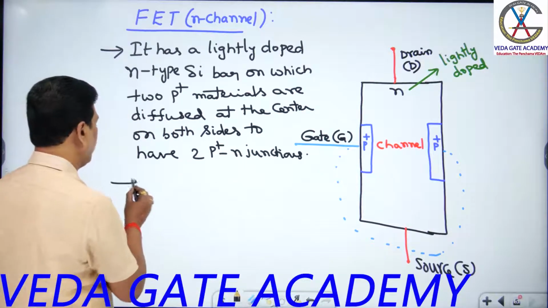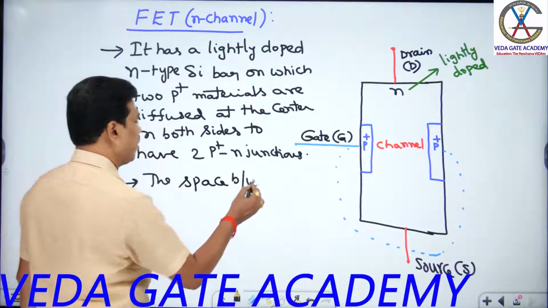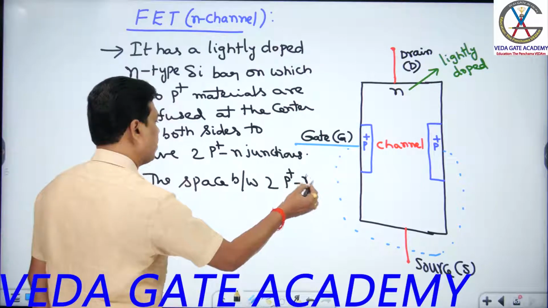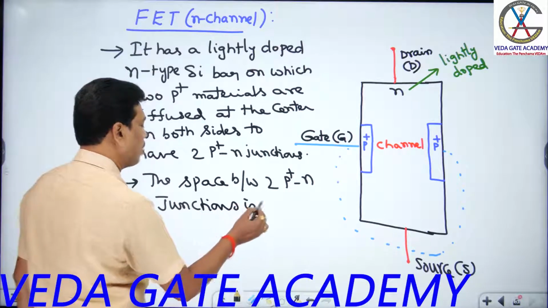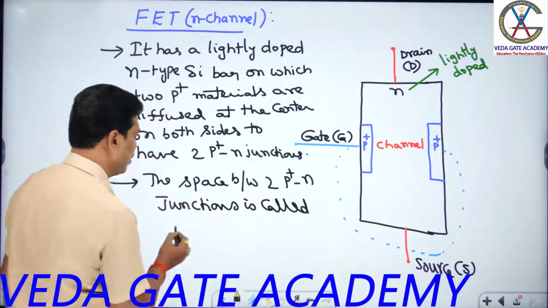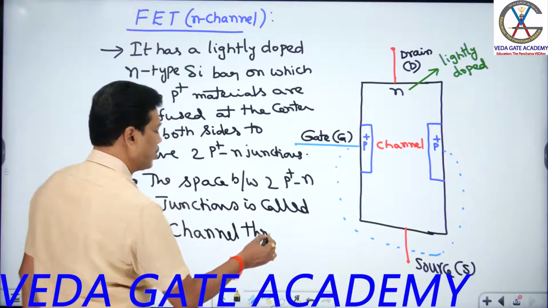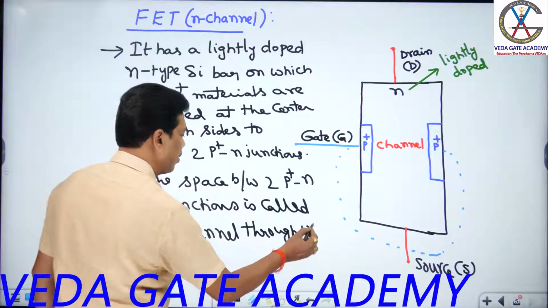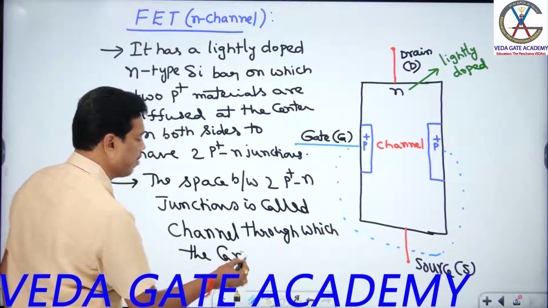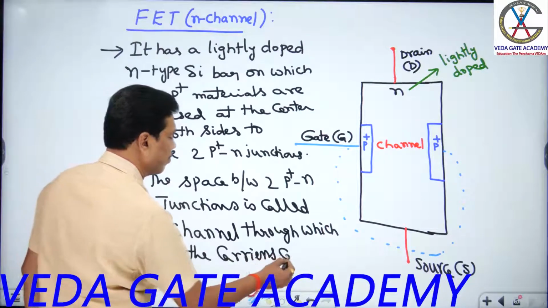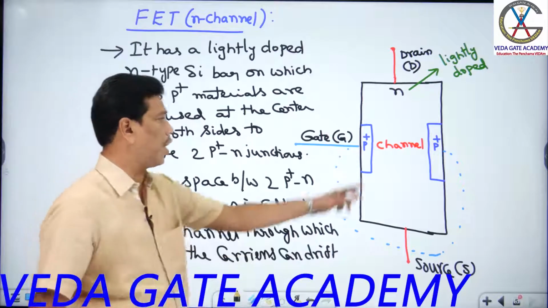I told you just now the space between the 2 p plus n junctions is called the channel, students, through which the carriers can flow, that is, can drift. So from one end to the other end the carriers can drift through the channel, students.